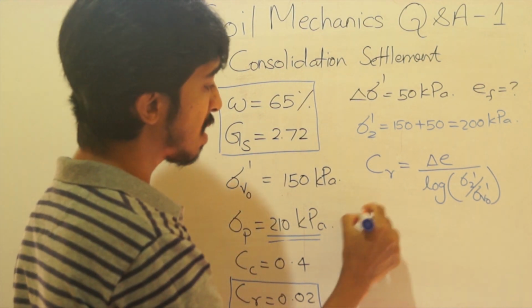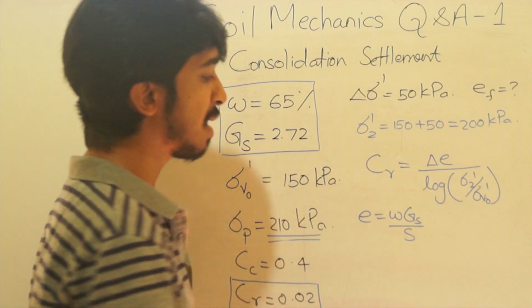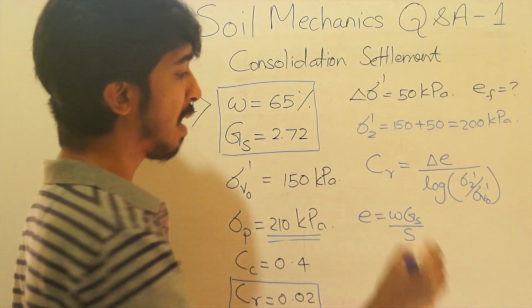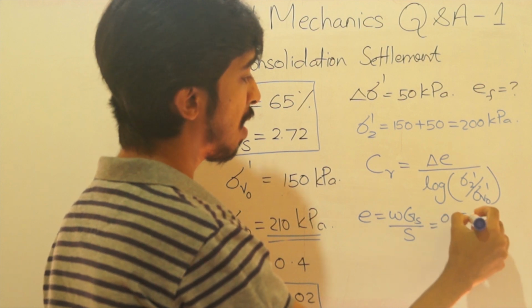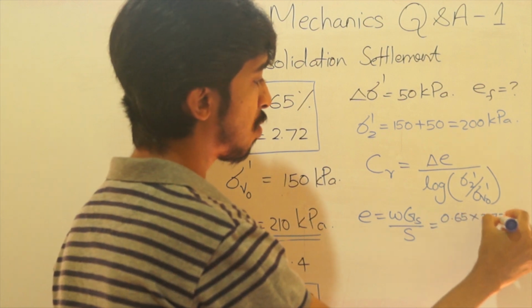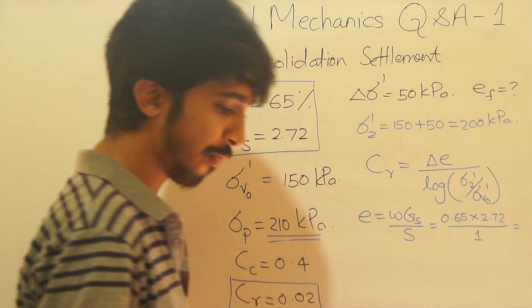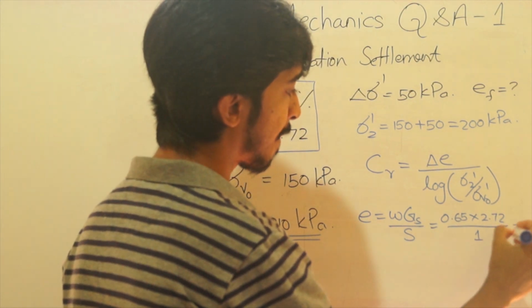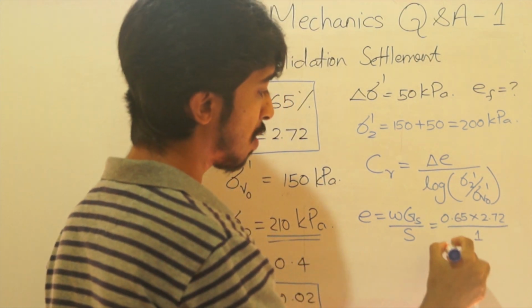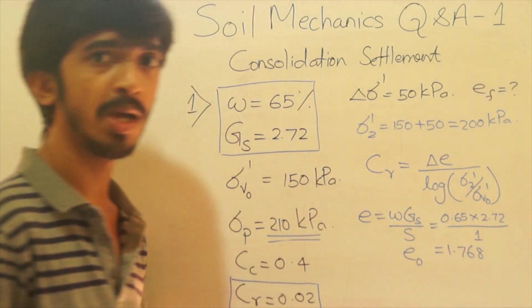We know e is equal to W GS over S. Since this is a saturated clay, S is equal to 1, so e is equal to 0.65 into GS 2.72 over 1. So this would give us an answer of 1.768. So this would be the initial void ratio e naught.